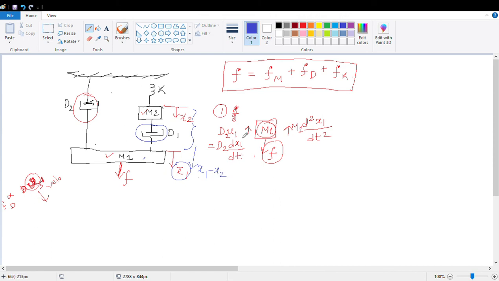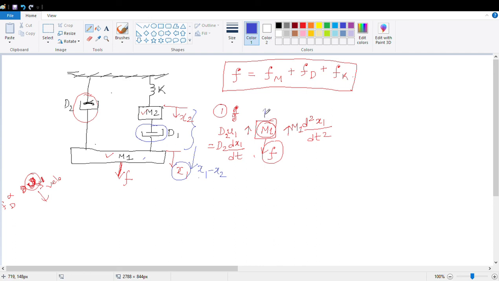So now we can form the first equation. What is the total amount of force acting against F?